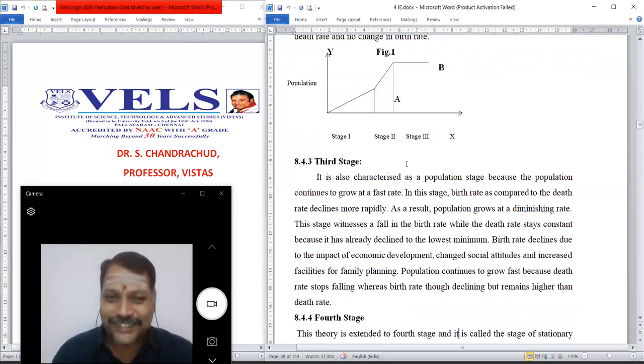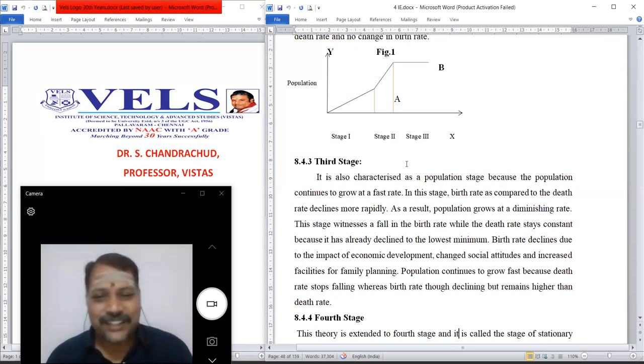But in this stage, the birth rate is at a diminishing rate and the death rate is maintaining constancy. This witnesses the fall in the birth rate while the death rate stays constant. Because of this, it has already declined to the lowest minimum. Therefore, the line will be parallel to the population axis.